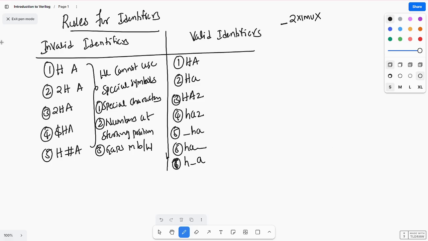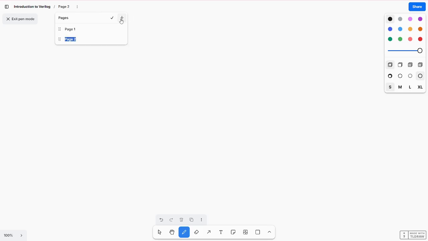Next, one second, I will add the page. Next, port list declaration. There are two styles for declaring the ports.